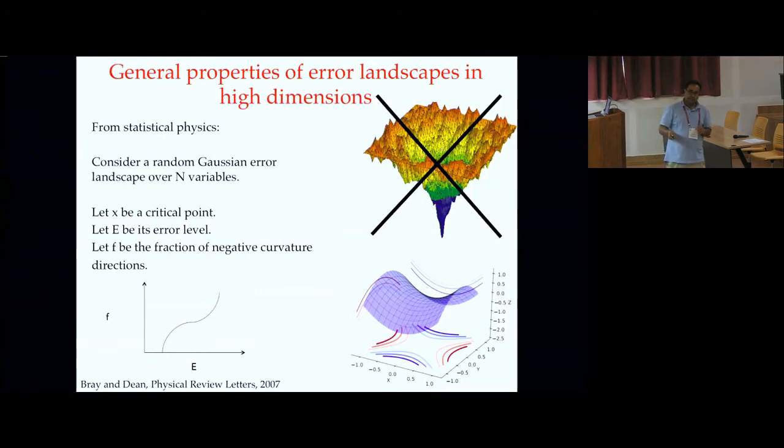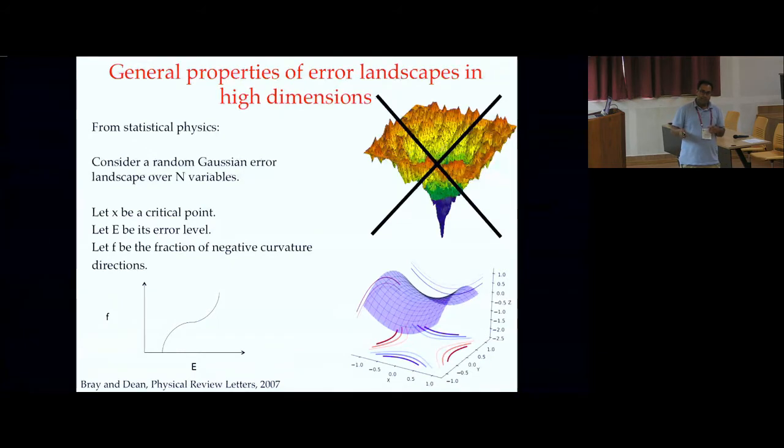One axis of this feature space is the height of the critical point, the error level, or energy level. And the second axis is the fraction of negative eigenvalues of the Hessian. So you can take the matrix of second derivatives, partial squared E, partial W1, partial W2. That's a matrix, a metric matrix. It has an eigenvalue spectrum, and f is just the fraction of negative eigenvalues.